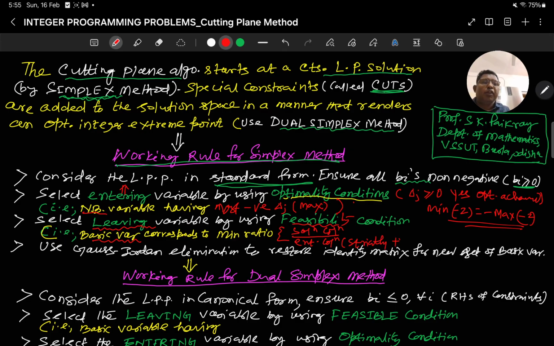Those denominators which are negative will not take part. In that way we find the minimum ratio.